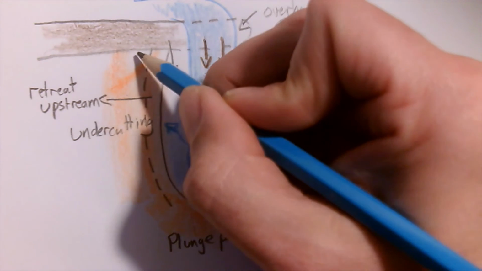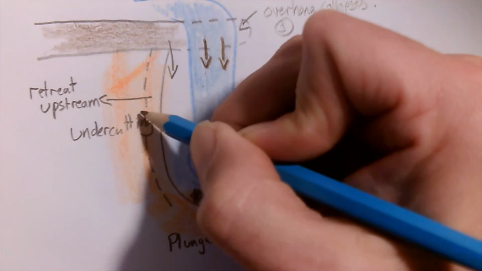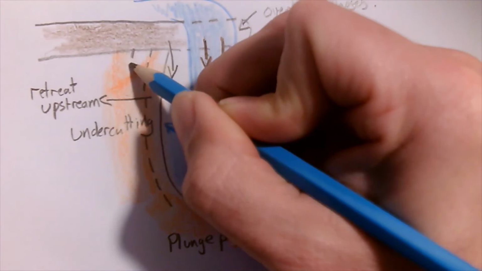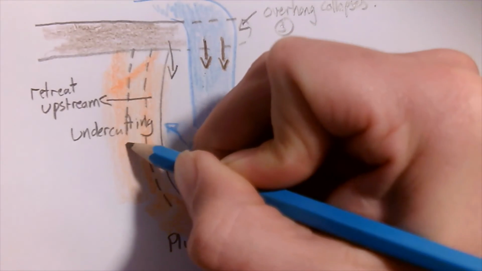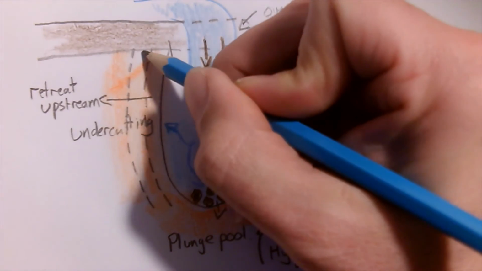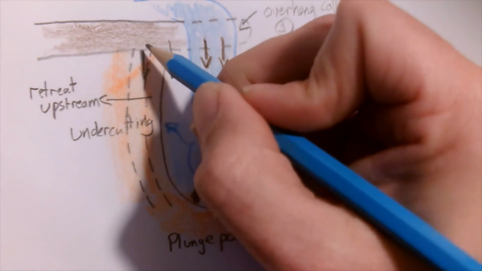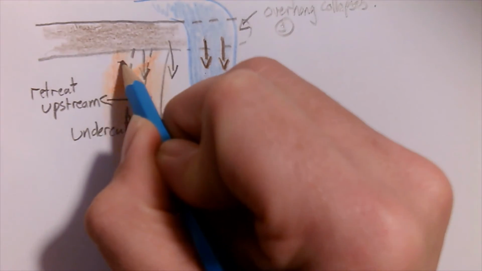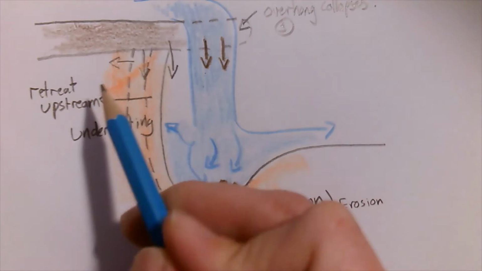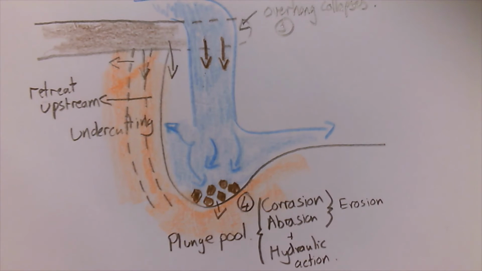More erosion happens on the wall through hydraulic action. More undercutting, more collapse. And over time, this whole waterfall feature will retreat upstream.